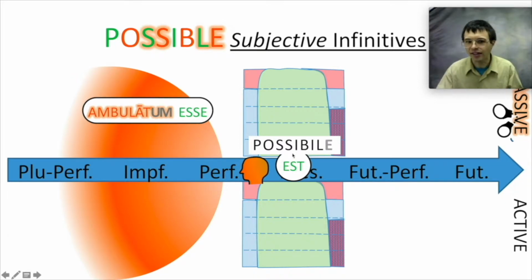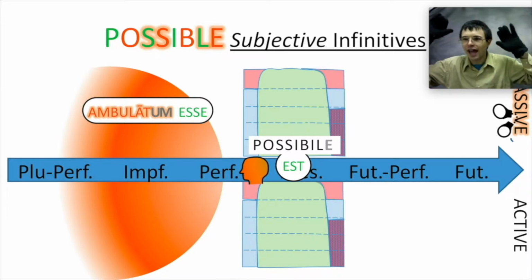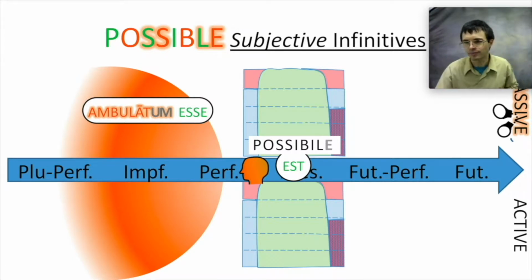We're saying that something is possible. And whenever we do subjective infinitive, we always use this neuter -um esse. So that's a signal to you that the infinitive, when it's used in this context, should be the neuter form, ambulatum esse. So it's kind of the state abstractly neutrally of having been walked is possible, is what it's saying.